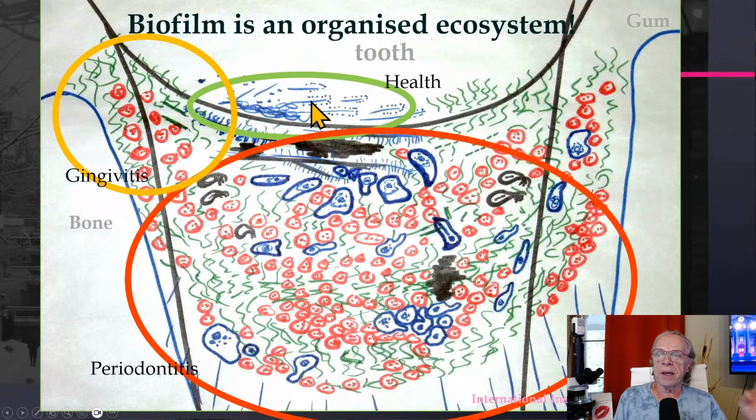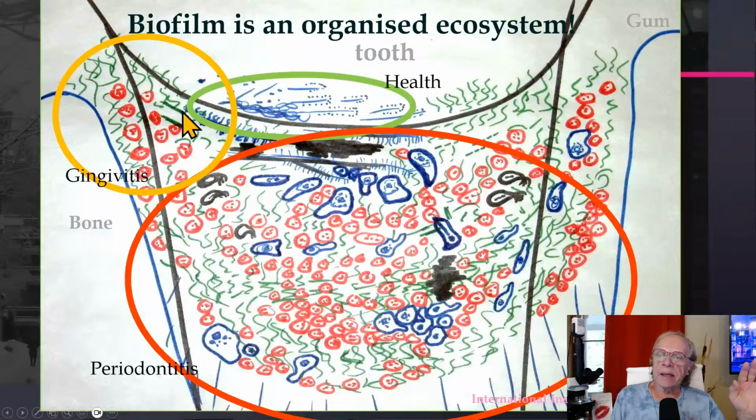That's it. So this is plaque. Sometimes it's longer bacteria, longer filament, but it's only dots and lines, cocci and filament and long filament. This is health.